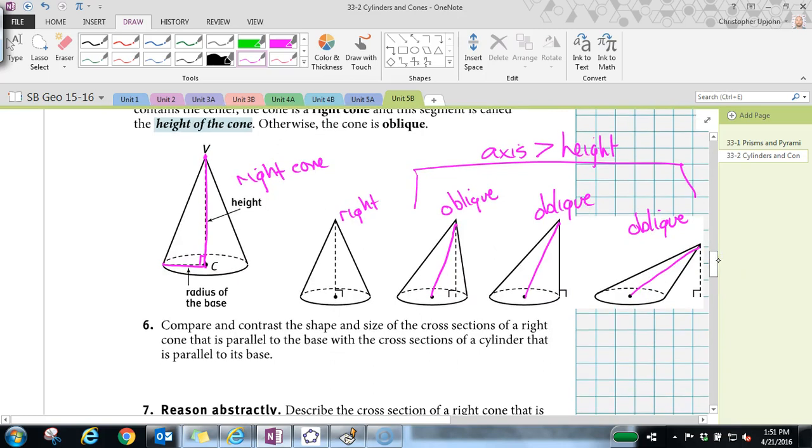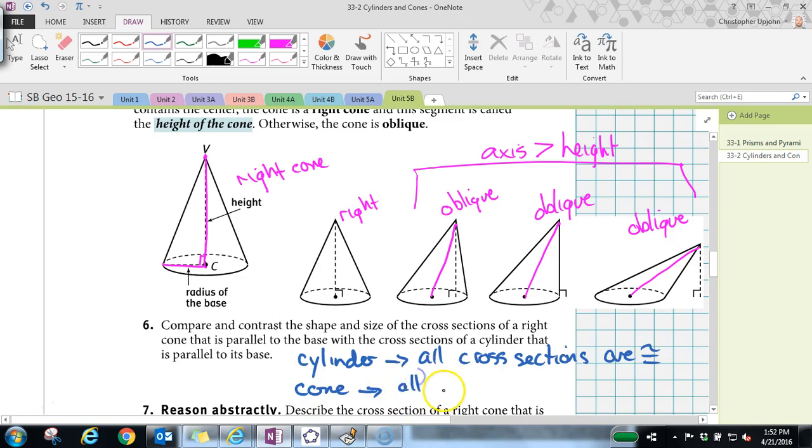Compare and contrast the shape and size of the cross sections of a right cone that are parallel to the base with the cross sections of a cylinder that are parallel to the base. So if we cut across in a cylinder, all the cross sections are congruent circles.